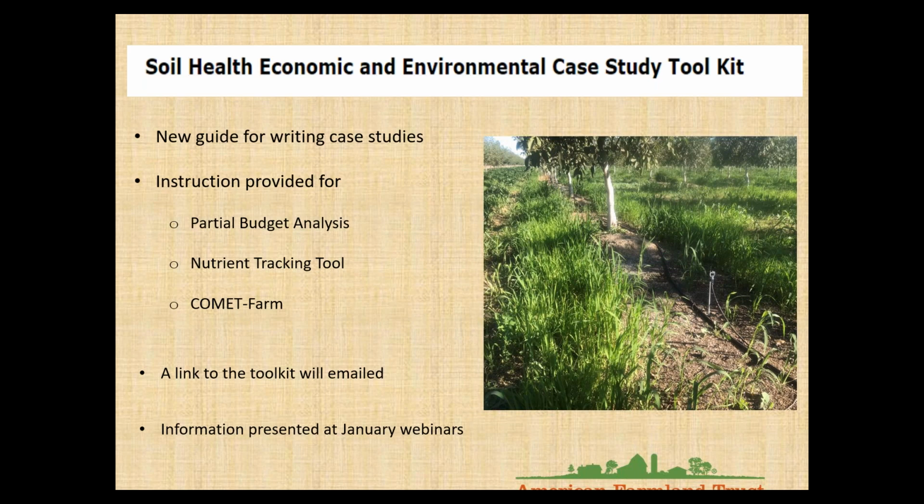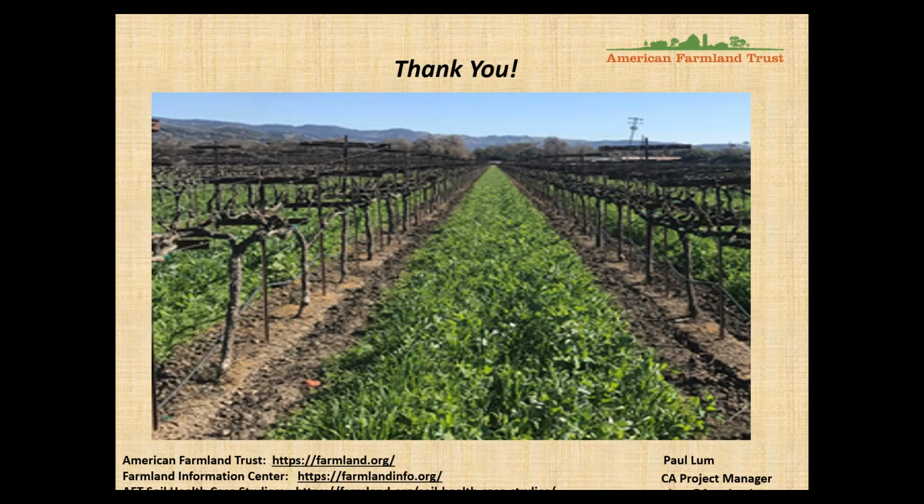A link to the toolkit will be emailed to you, for your review and your information. We encourage you to look at it and consider writing case studies, or consider working with your farmers on some of the tools. And further information about this toolkit will be presented at our January webinars.